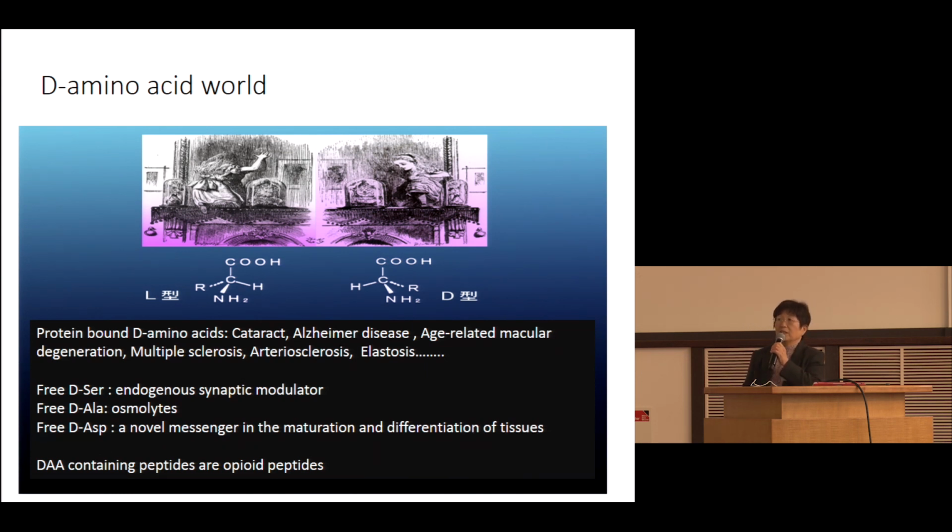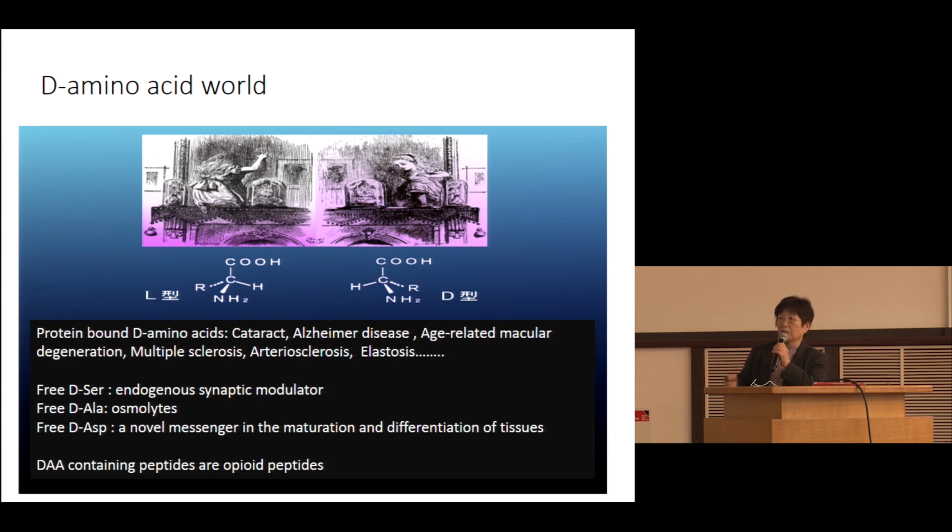Today's topics were limited to protein-bound D-amino acids: cataract, Alzheimer's disease, age-related macular degeneration, and so on. But in our living body, there are free D-serine, free D-alanine, and free D-aspartic acid.